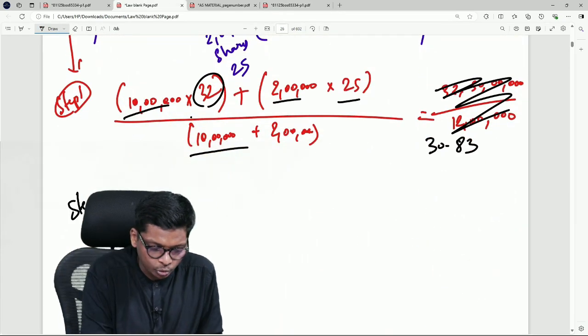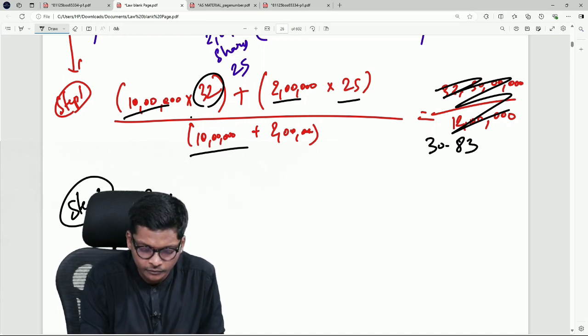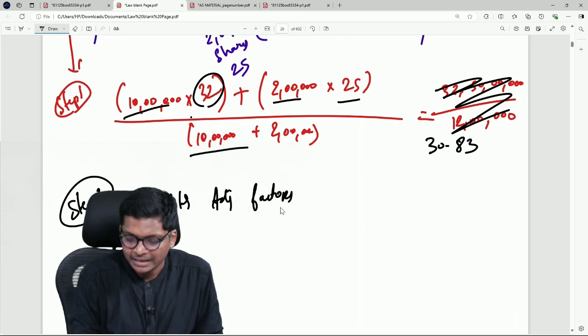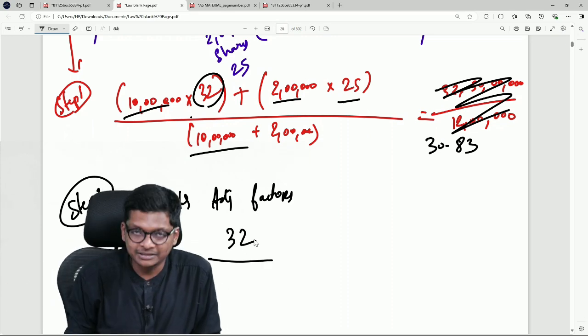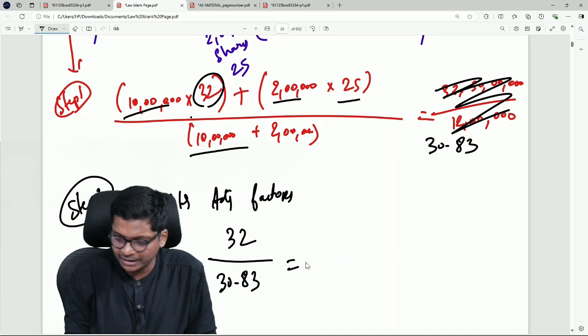What is step number 2? Step 1 we already did. Step number 2 is computation of the rights adjustment factor. The logic is, before the rights issue the share price is 32, after the rights issue the share price became 30.83.